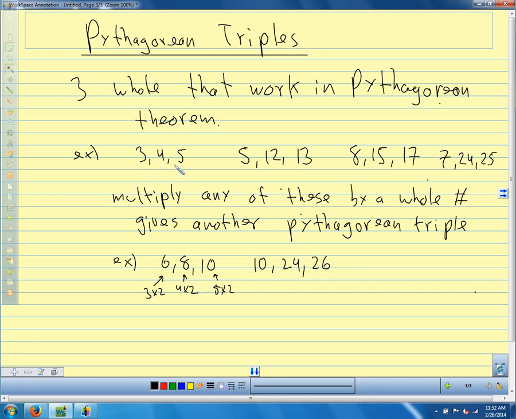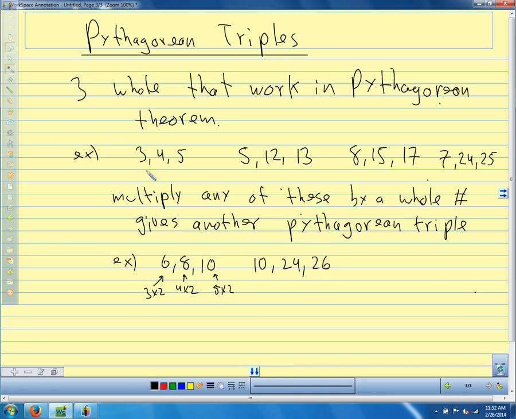I multiplied all these numbers by 2, and I got that set of numbers. And this set of numbers also works: 10 squared plus 24 squared equals 26 squared. So that one works. You don't constantly need to be thinking about that.